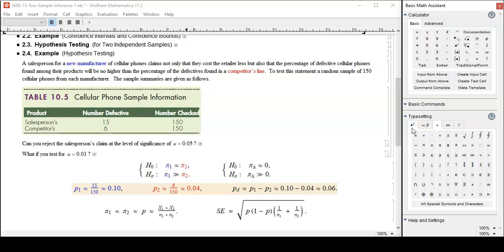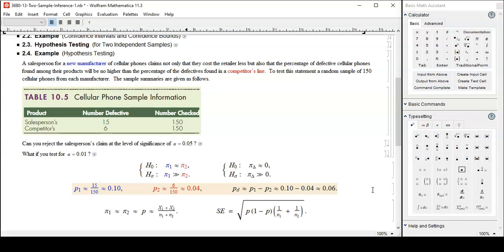Okay, all right. So it looks like this is the best point estimate of the difference of defective ratios. And then if you have to do some interval estimation, go ahead and do that.